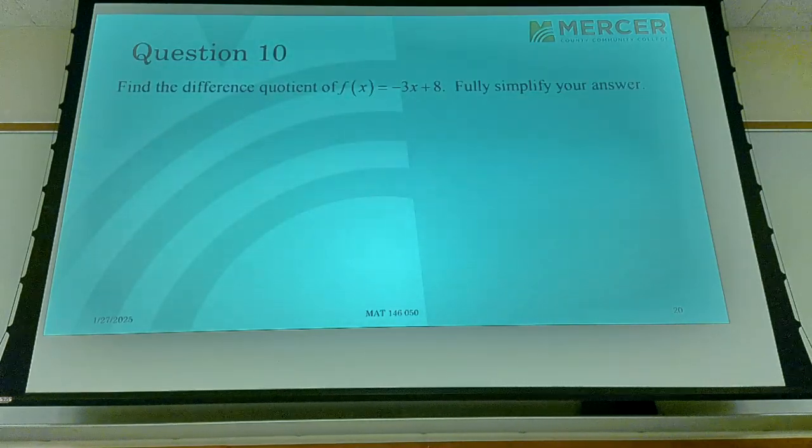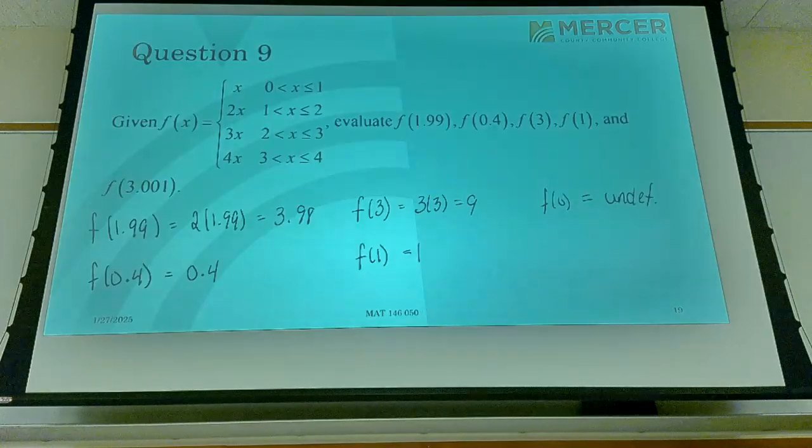So, F of 3.001, yeah, it is the fourth one, which is 12.004.